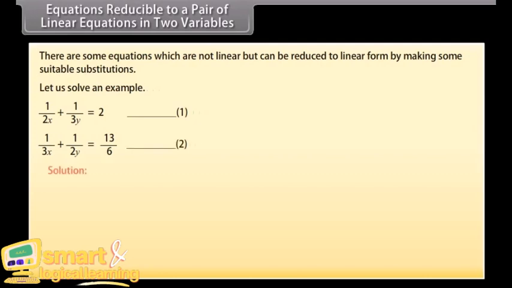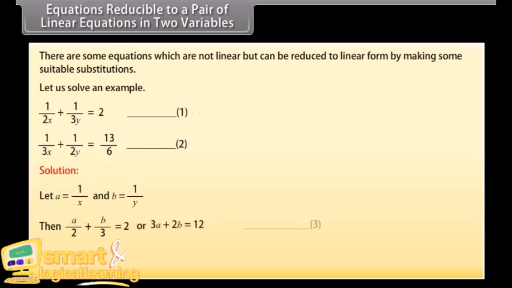Solution: let a = 1/x and b = 1/y. Then a/2 + b/3 = 2, or 3a + 2b = 12, equation 3. And a/3 + b/2 = 13/6, or 2a + 3b = 13, equation 4.